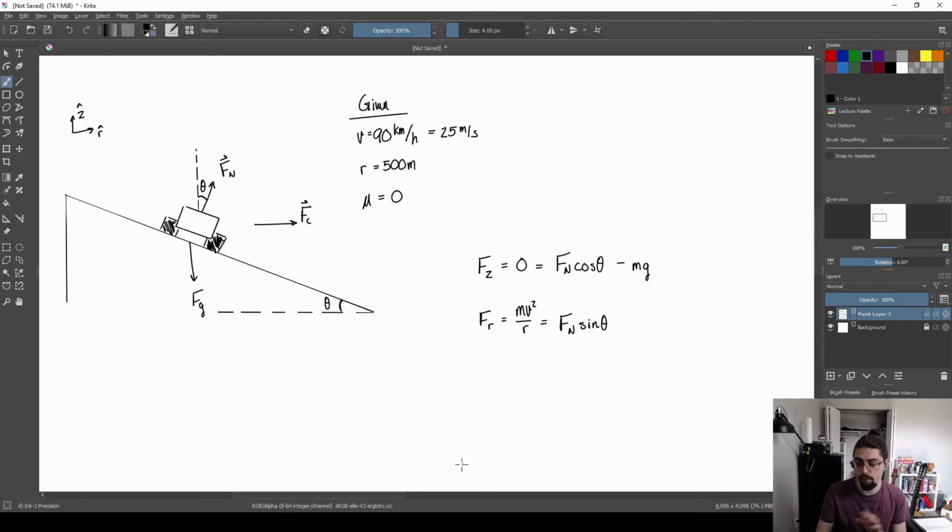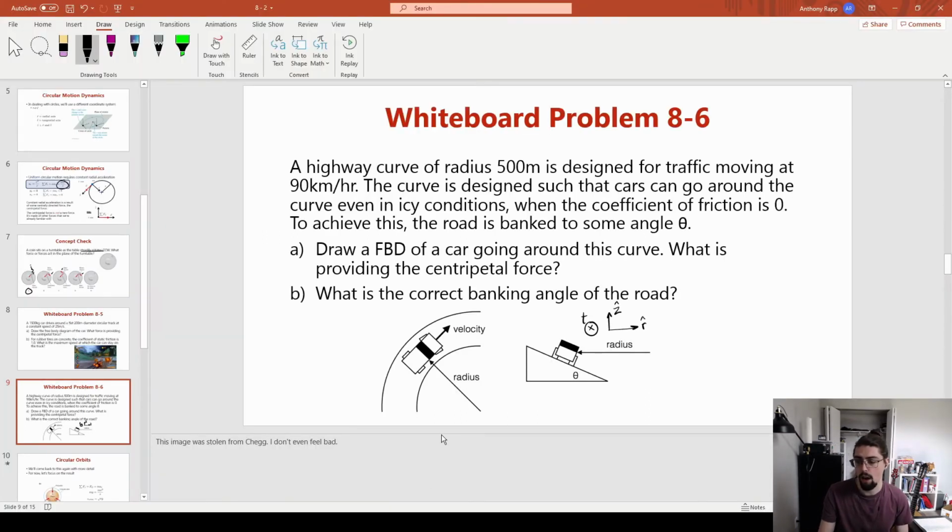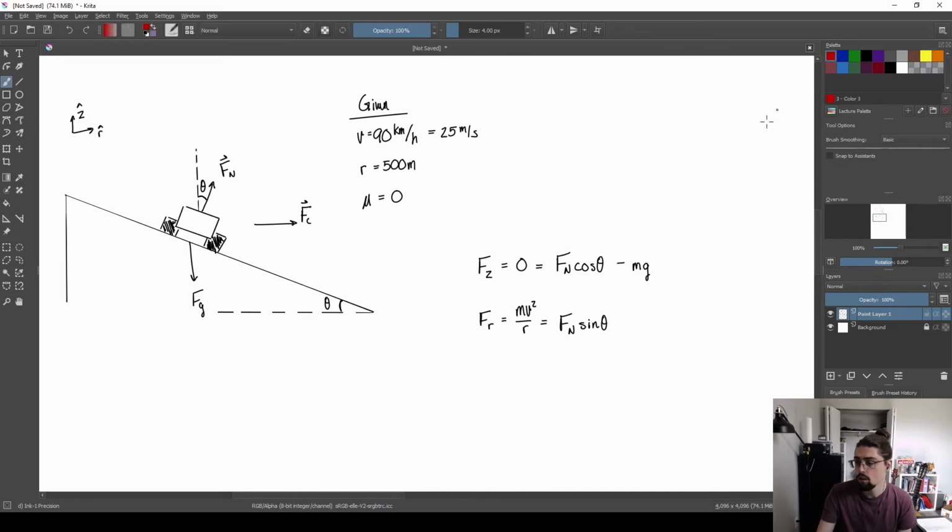But let's kind of pull back here. We've drawn everything out. We're looking for the free body diagram. We've got that, of course, but we're also looking for what is the angle theta. Solving out for theta. So if I look at my radial equation, I say, hey, there's theta. I don't know m, and I don't know the normal force.